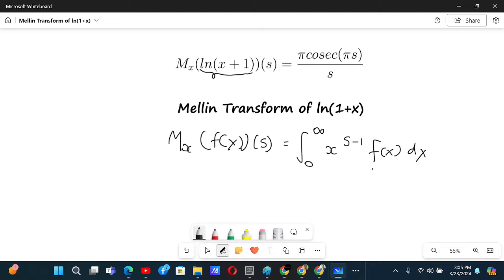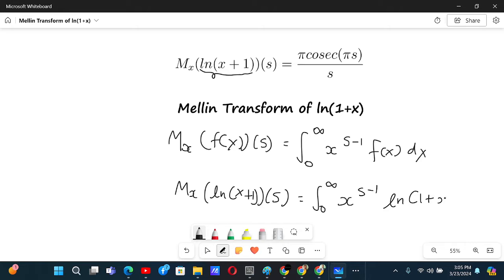Now the Mellin transform of ln(1 + x) is the integral from 0 to infinity of x to the power s minus 1 ln(1 + x) dx.